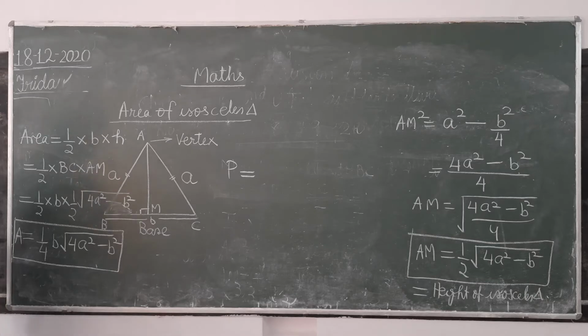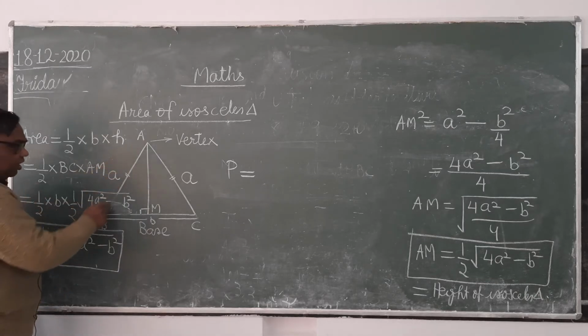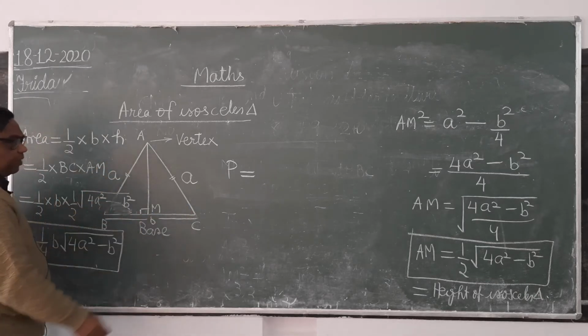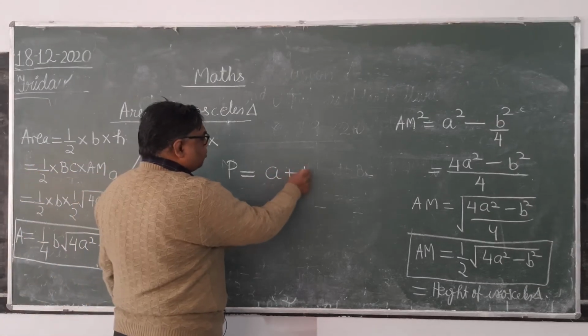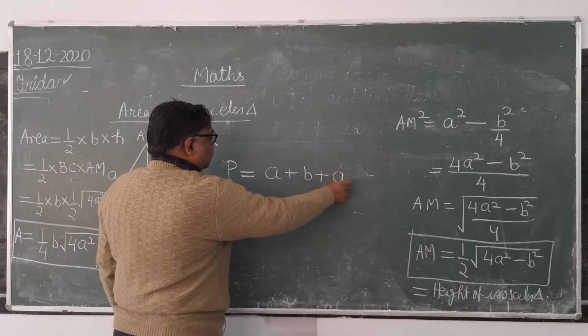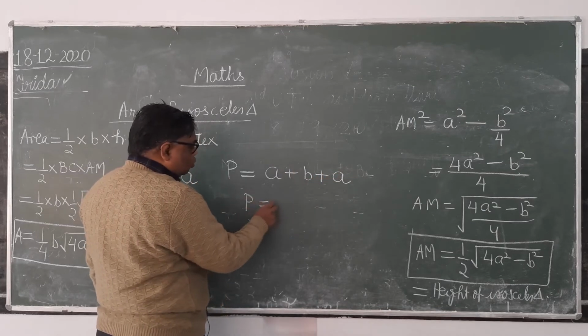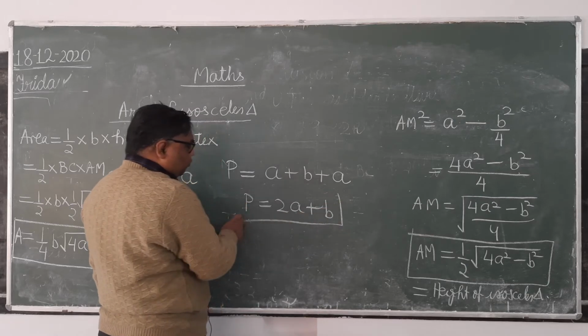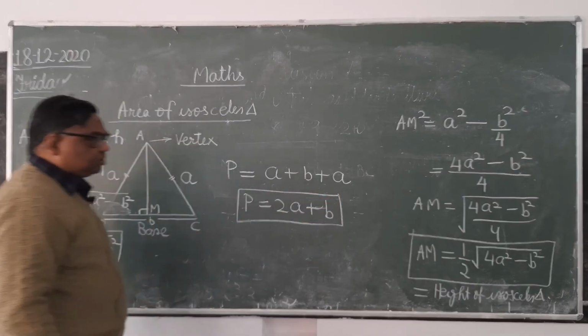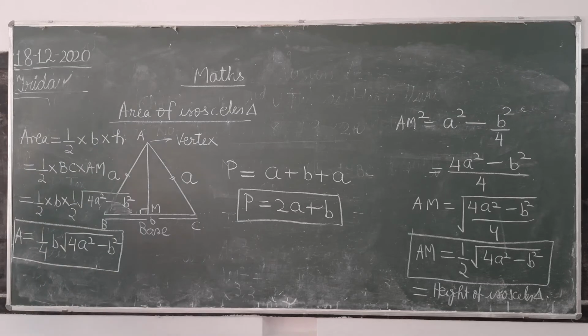AB plus BC plus CA means A plus B plus A, or you can say that it is 2A plus B. This is the perimeter of an isosceles triangle. Is it clear?